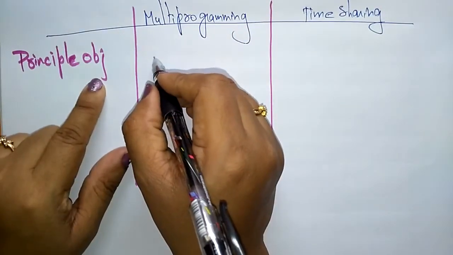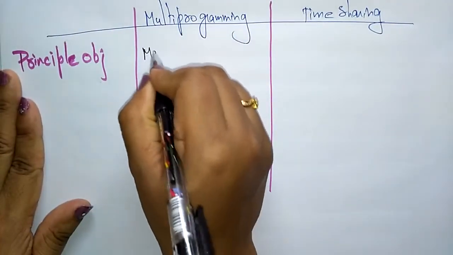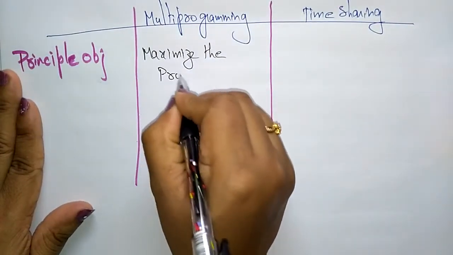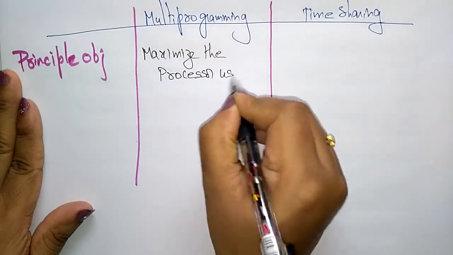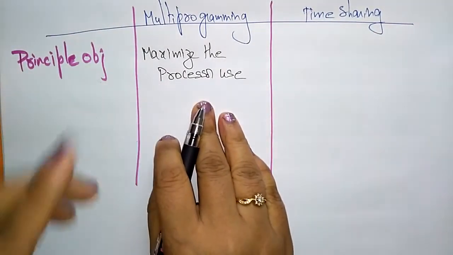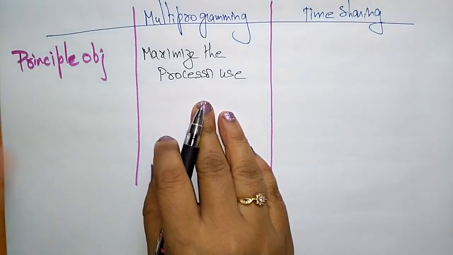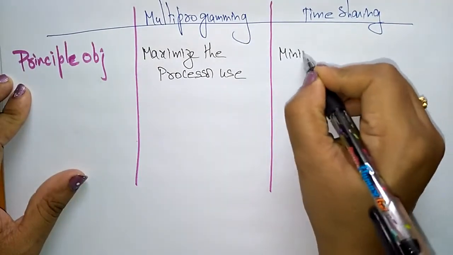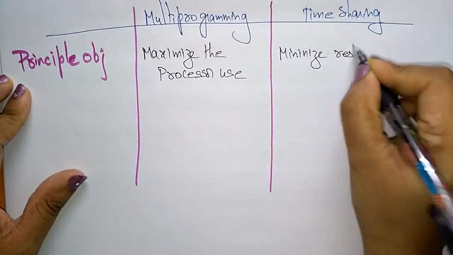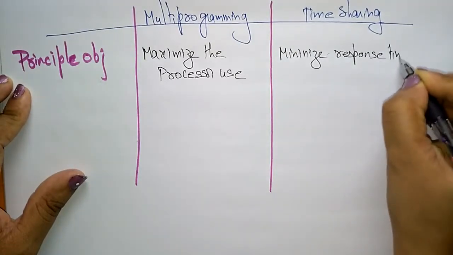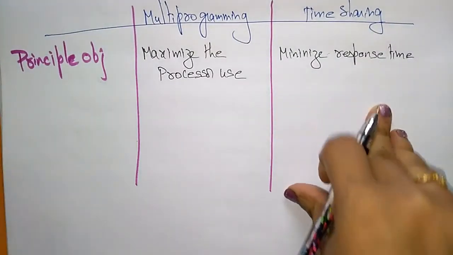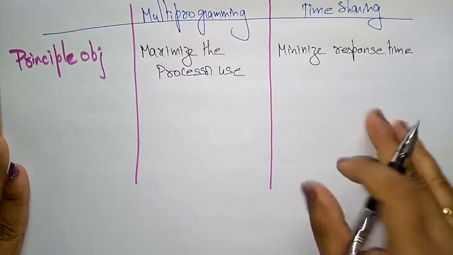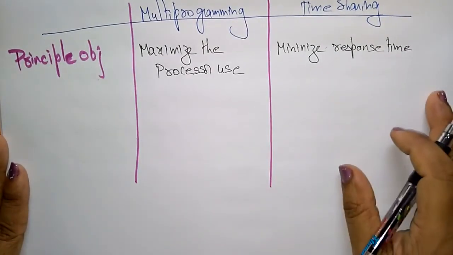The main principal objective of multi-programming is to maximize the processor use. Whereas time sharing minimizes the response time. That is the main principal objective of using the time sharing system. So the idle time will be reduced when compared to multi-programming.